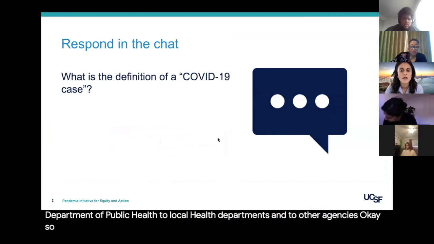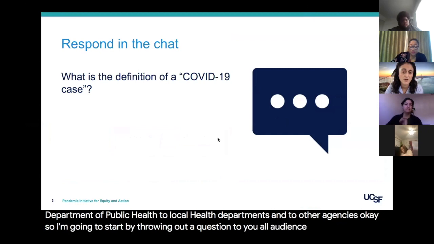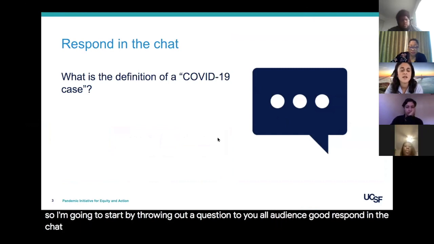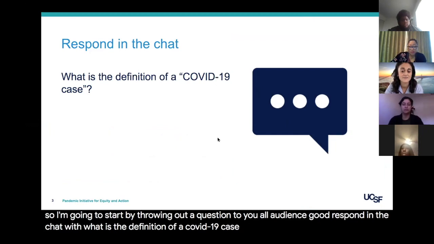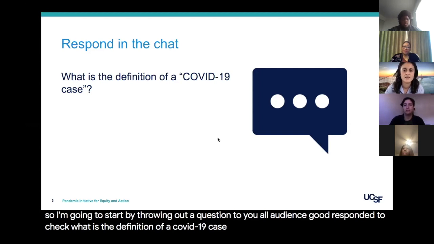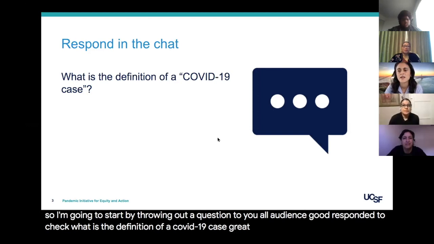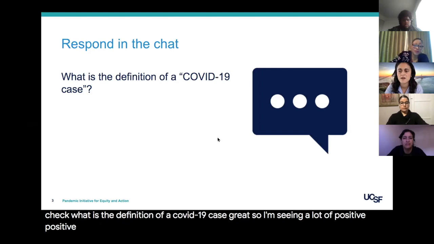Okay, so I'm going to start by throwing out a question to you all, the audience. If you could respond in the chat, please. What is the definition of a COVID-19 case? Great, so I'm seeing a lot of confirmed positive PCR, positive RT-PCR.